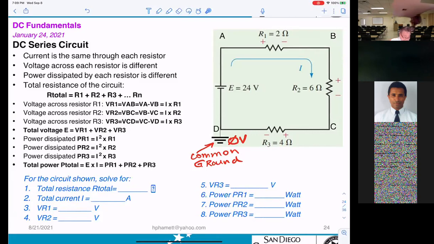Then to calculate the current, the general formula is I equals V divided by R. However, when you apply it to the circuitry, you have to know what V and what R are. In this case V is 24 volt, divided by R, and here R is the total of the 3 resistors. So you take 2 ohm, add 6 ohm, add 4 ohm, so that will be 12 ohm.